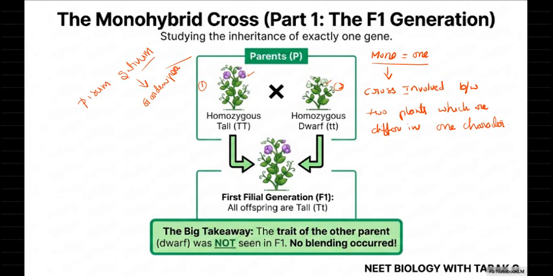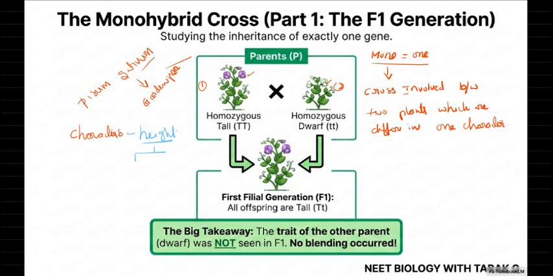Mendel had chosen seven characters. How many characters did he choose? Seven. Of these, one is stem height. What are the traits for that?